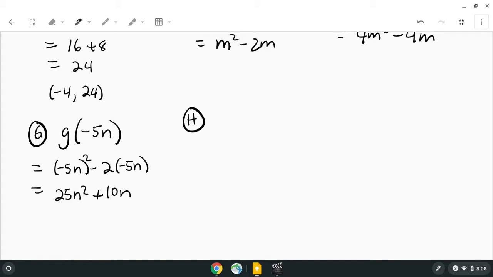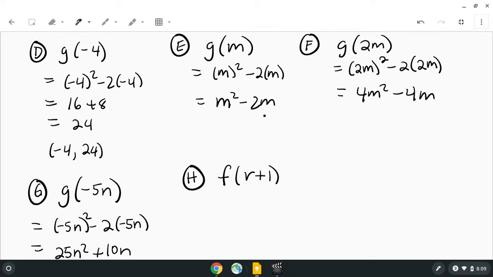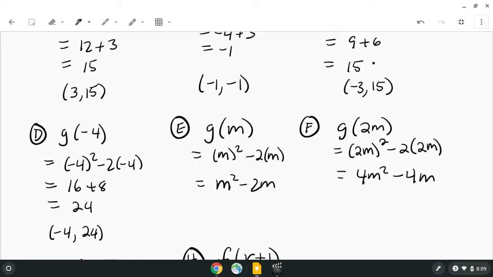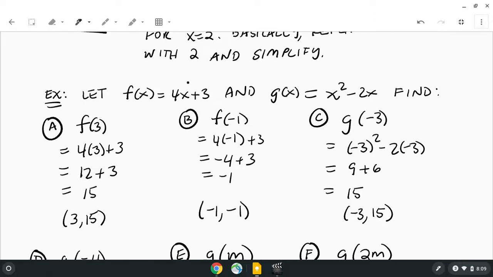Now I'm going to make it even a little more challenging, a little more interesting. Let's go back to the f function. So see if you can find f of r plus 1. Again, just like these here, whatever's inside, that's what you need to replace the x with.